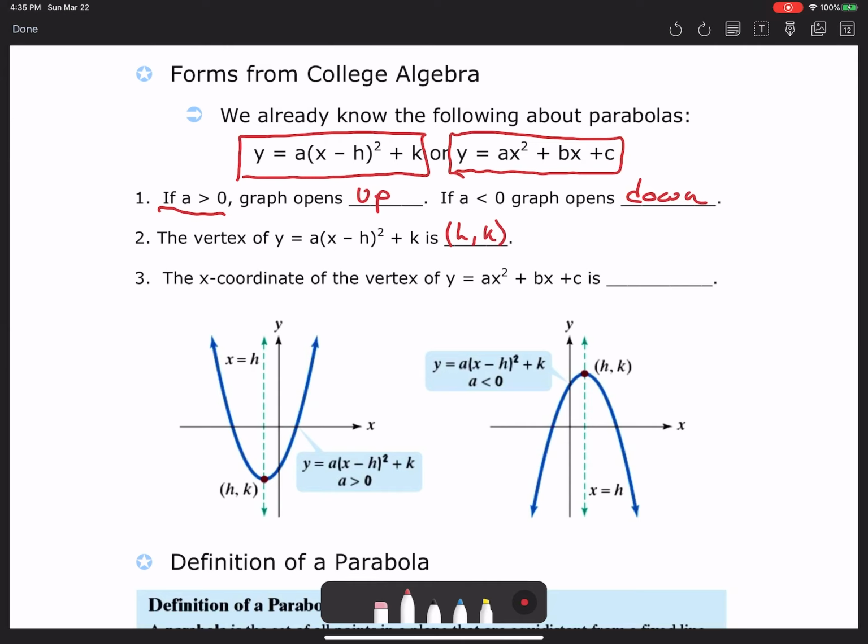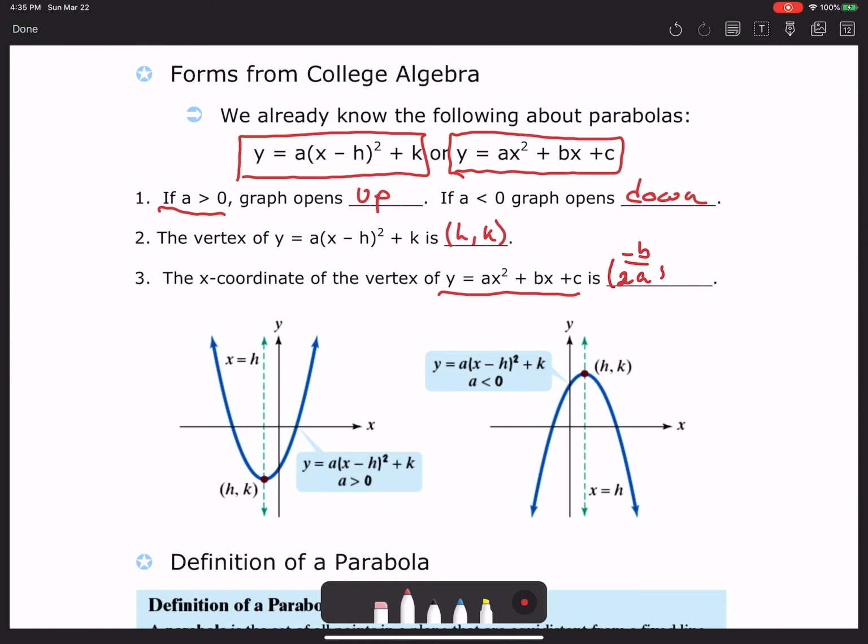The x-coordinate of the vertex, looking at number 3, we can use these a, b, and c values to determine that the x-coordinate is the opposite of b divided by 2a.